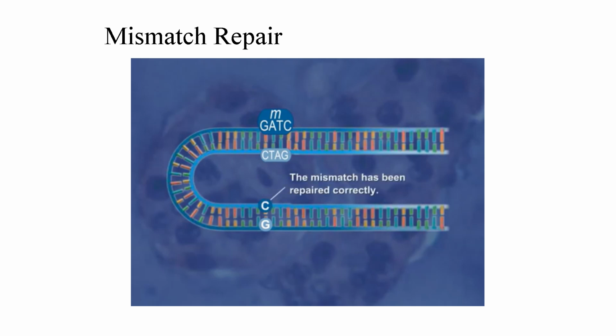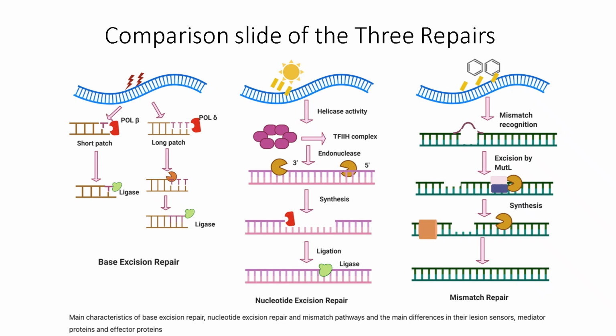When comparing base excision, nucleotide excision, and mismatch repair, it's important to note their specific roles. Base excision repair is suited for small, non-distorting lesions like oxidative damage or deamination. Nucleotide excision repair handles bulky, helix-distorting lesions such as thymine dimers and chemical adducts.